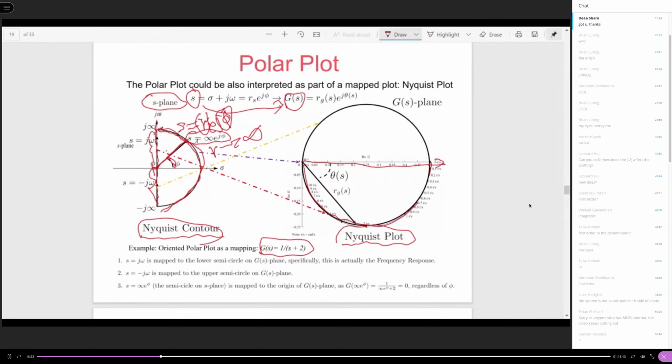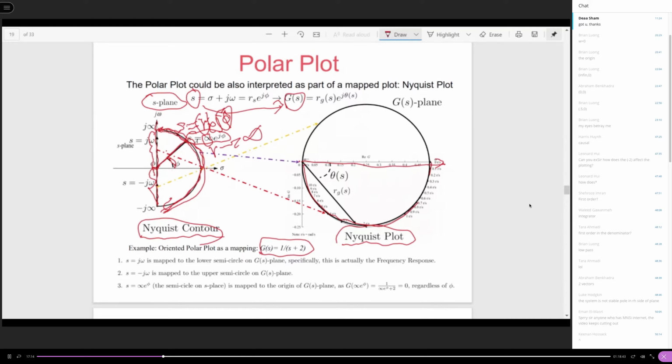Clear? So when you go along this semicircle, the radius does not change, always infinity, but the phase changes from positive 90 degrees to negative 90 degrees. That's exactly what we want.